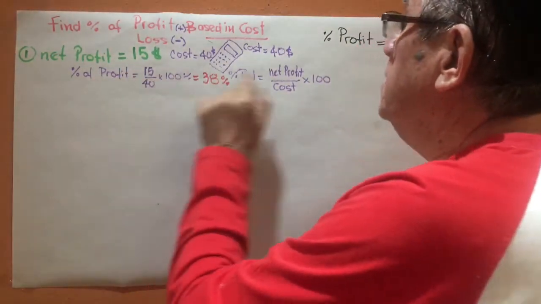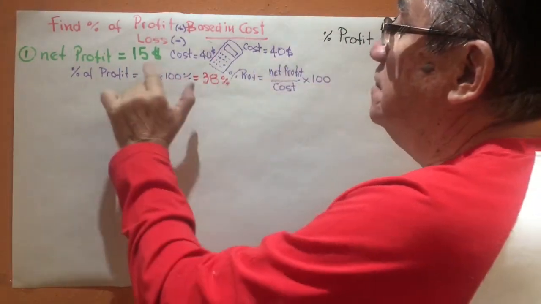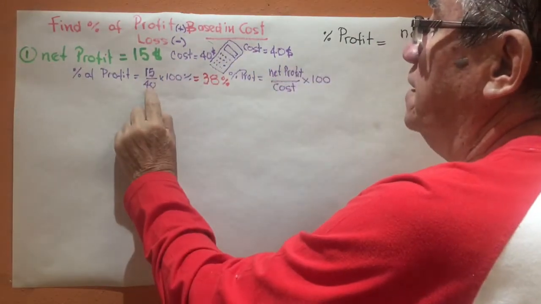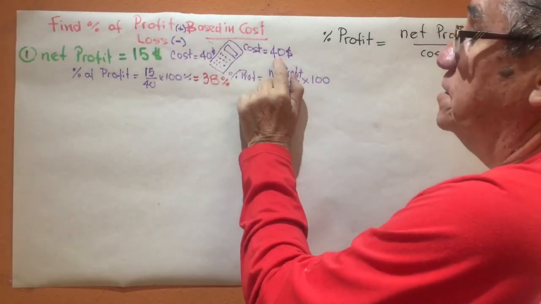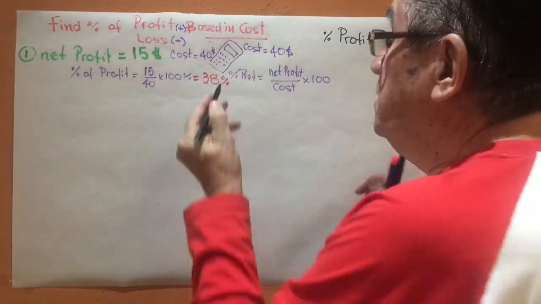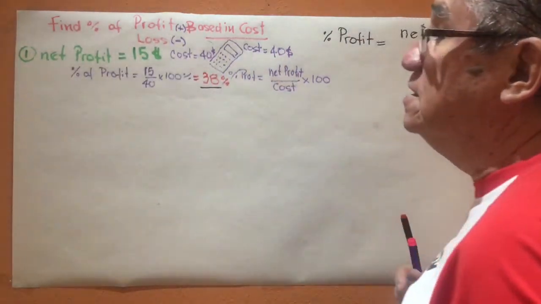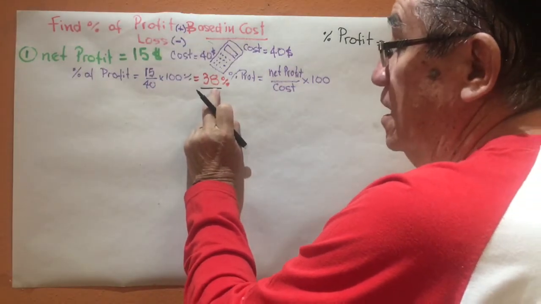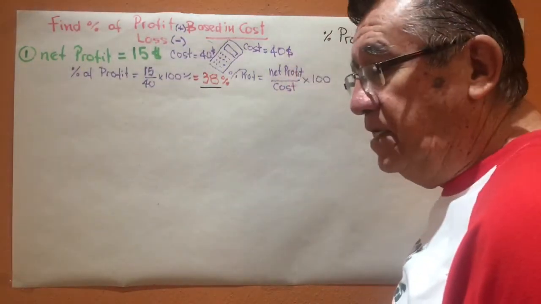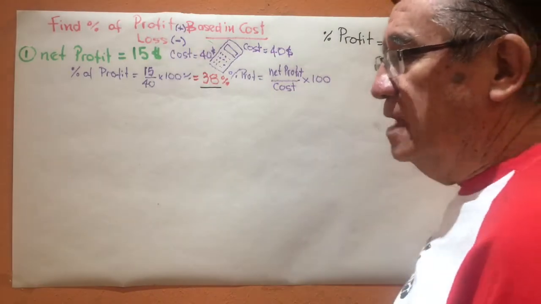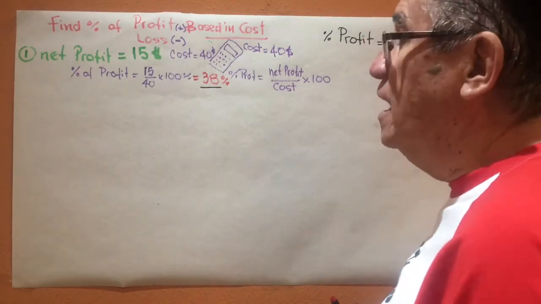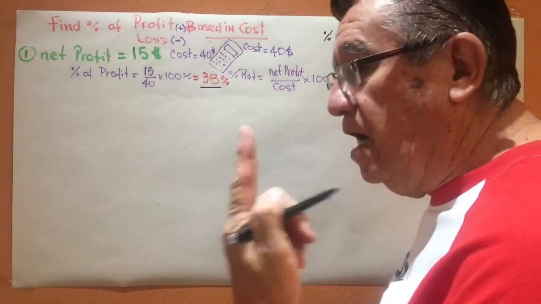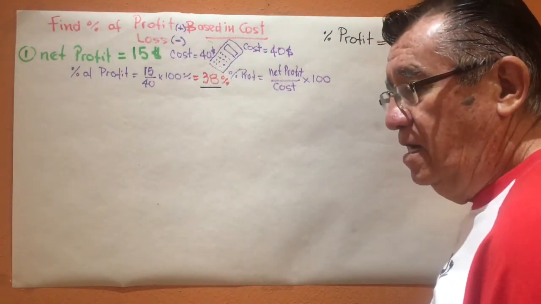As you can see, if my cost is 40 and my net profit is 15, then 15 divided by $40, the cost, times 100, gives me a percentage of profit of 38%. Well, I made money. But in life you don't have a net profit already calculated. You have to calculate what's happening.